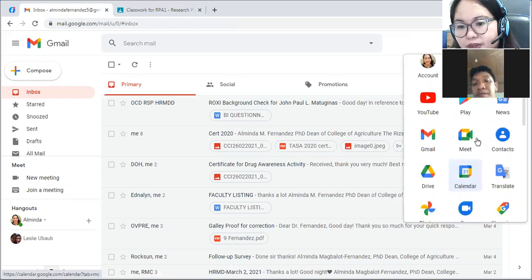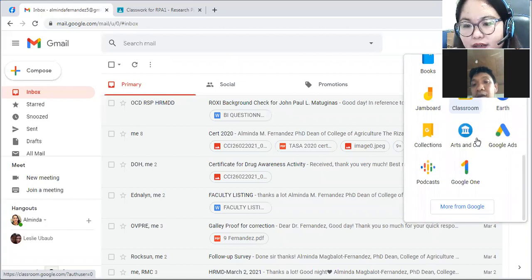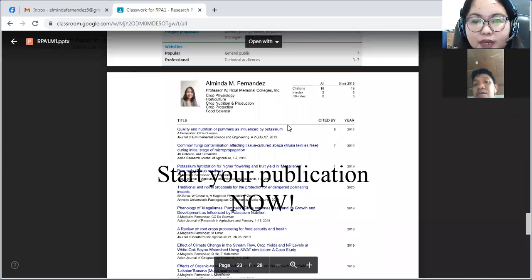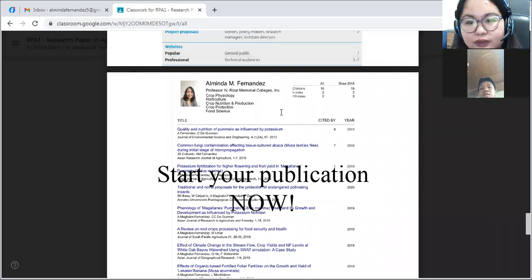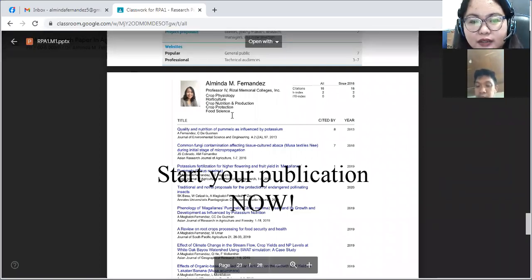Google Map, Google Meet, and also Google Scholar. So you can see the researchers there, and their citations and their index. So that's the example of Google Scholar.